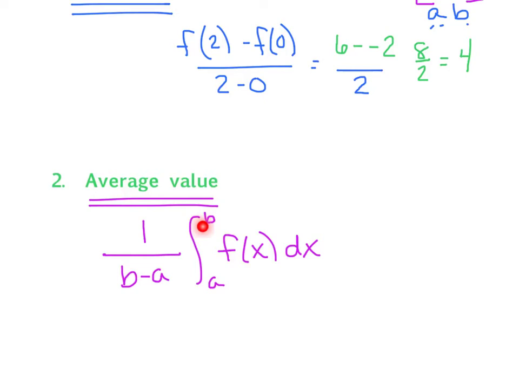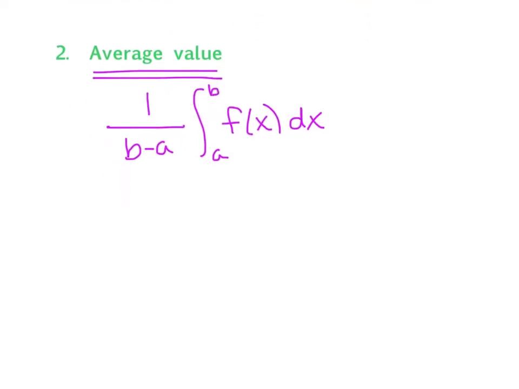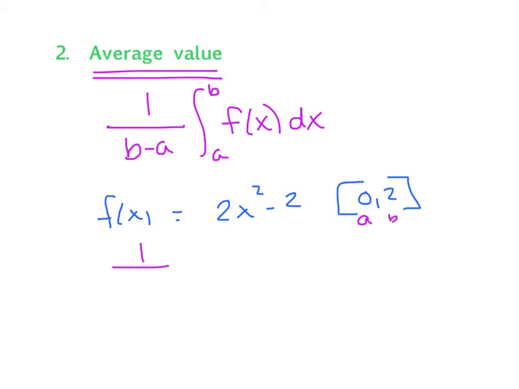Now let's apply that same example on this problem. Our function that we just used above was the 2x squared minus 2 from 0 to 2. And this time, instead of average rate of change, let's apply average value. We'll do the same thing. Okay, so again, this is a and b. So I'm going to say this is 1 over my b minus a. 2 minus 0 is 2.